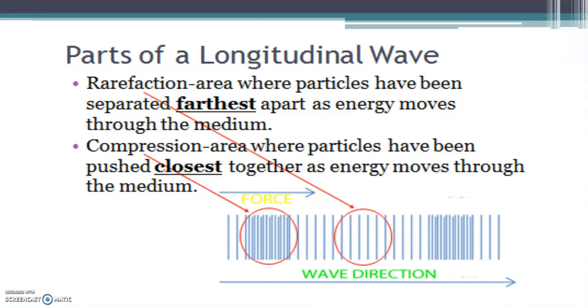So circle the area where particles have been separated the farthest. That is where they've kind of bumped back apart from each other, and that's called rarefaction. And then circle an area where the particles are closer together, and that's where they're kind of being pushed and shoved together. That's called an area of compression.